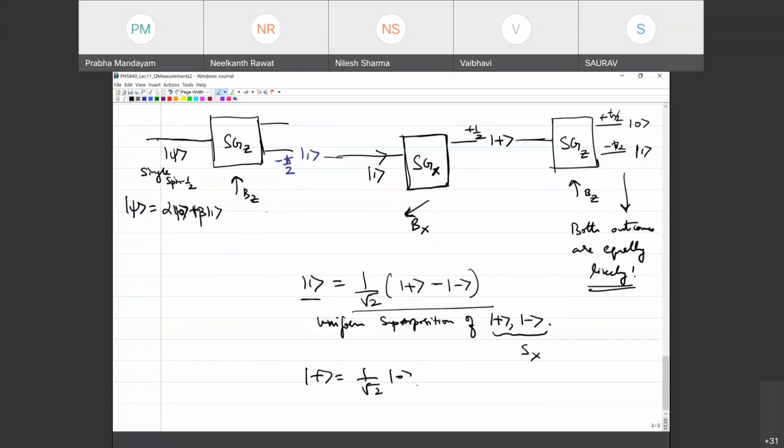So your probability amplitudes are both 1 over root 2, and the probabilities are simply half and half. So there you go. Both outcomes are equally likely.